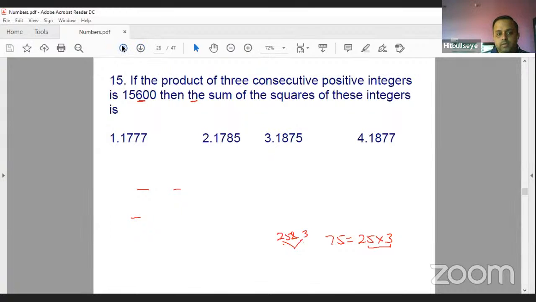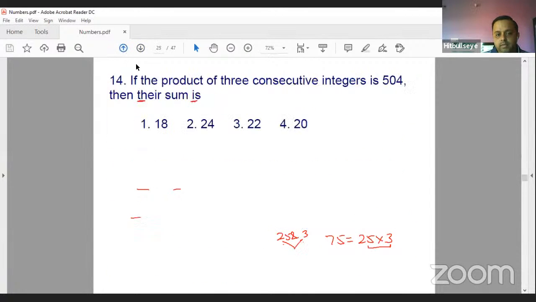Now, before this question, I just skipped one here. First of all, try to solve this one, because the next question is almost the same as this one. The only difference is that the number in this case is 504. In the next question, the number is a larger one.